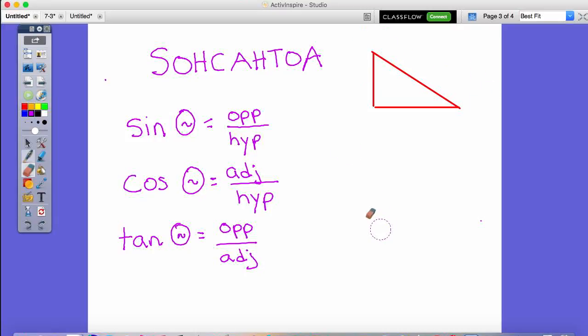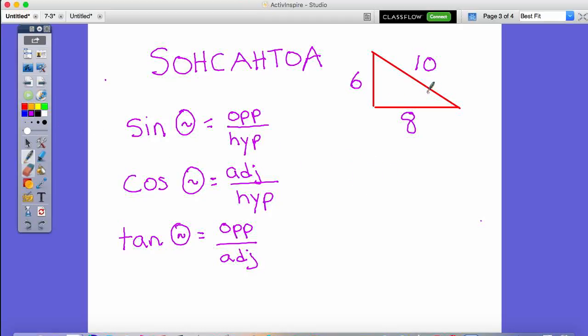Okay? And I want you to see that no matter whether I find sine, cosine, or tangent, I'm going to get the same thing. So I think in class I did with you guys a triangle that had side lengths of 3, 4, and 5. I also know that 6, 8, and 10 is going to make a right triangle. Because basically I took 3, 4, 5, I multiplied all of them by 2.